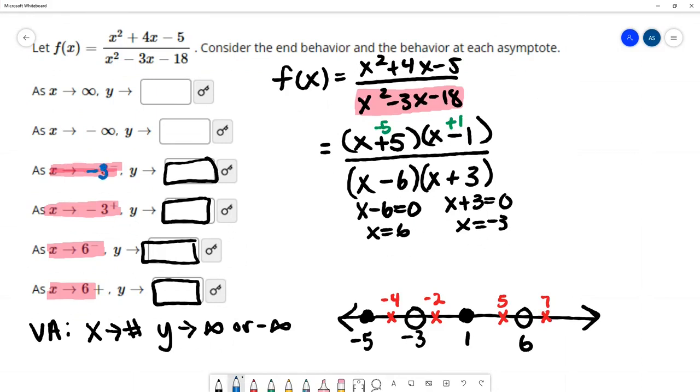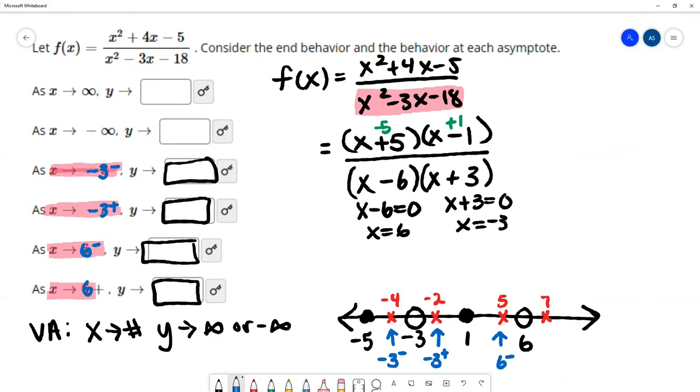This one is negative 3, x approaches negative 3 from below. So this test point here is going to help us with that one, negative 3 from below, a little bit less than. We have negative 3 plus, so this test point here, negative 3 from above, and 6 below 6. This test point will help us with that.